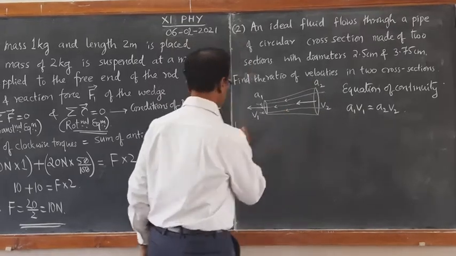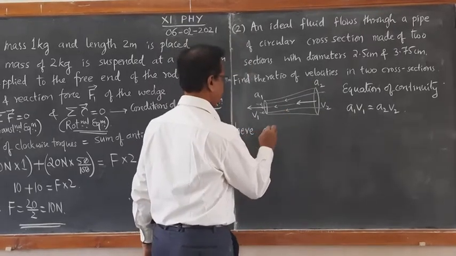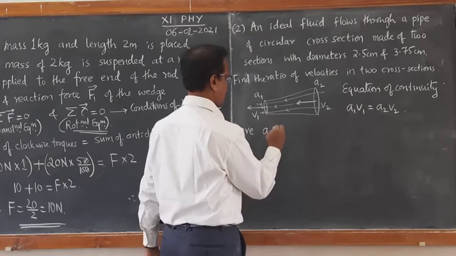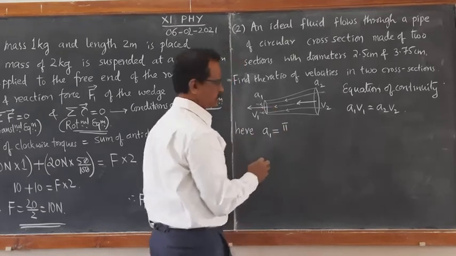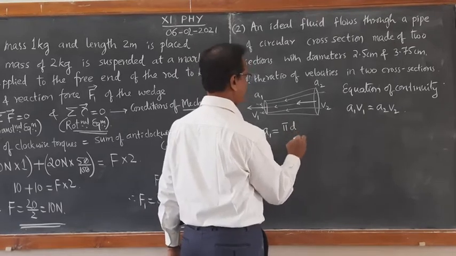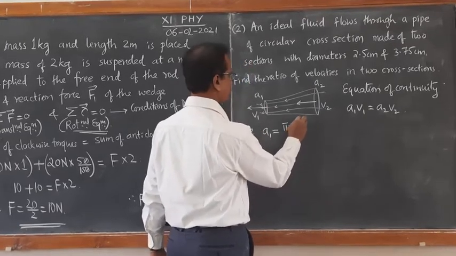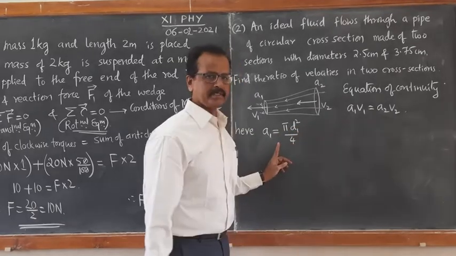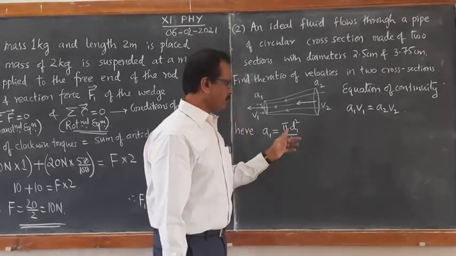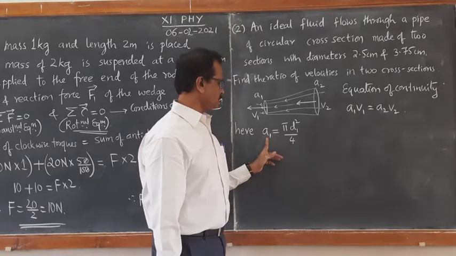Here, A1 is the cross section of the first one, which is circular. If d1 is the diameter, then A1 is pi d1 square by 4, because pi r square, with r as half the diameter, becomes pi d square by 4. That is A1.